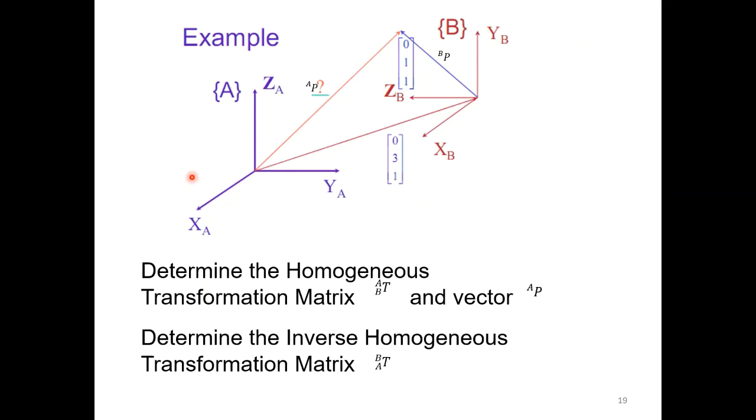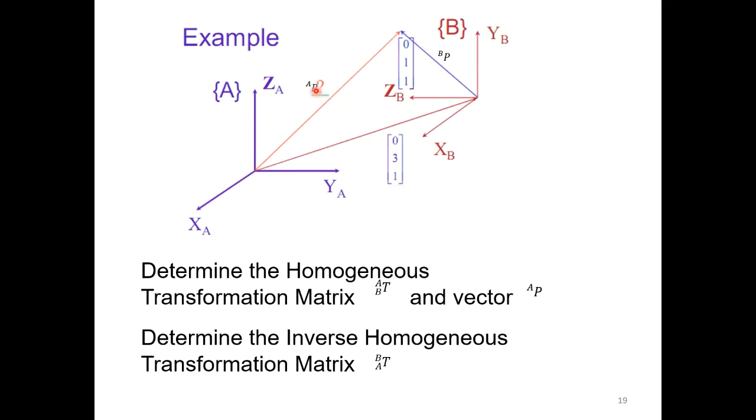It's a rotation around the x-axis of A. This is the reference frame, and this is the relative frame. So the relative frame, that is B, has undergone a rotation of 90 degrees around the x-axis. So you can use the same homogeneous transformation matrix you derived last week.